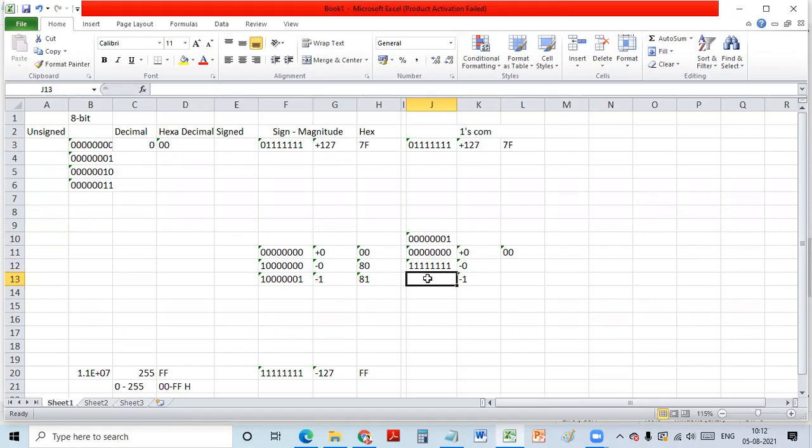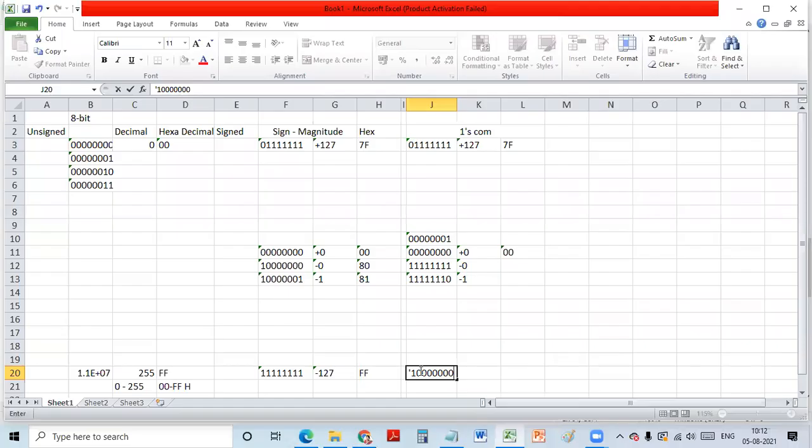One's complement of it will give you -1. It is nothing but 1, 1, 1, 1, 1, 1, 1, 0, which is -1. Okay. So likewise, if you extend, keeping the MSB 1, I may have a last number 1, 0, 0, 0, 0, 0, 0, 0.